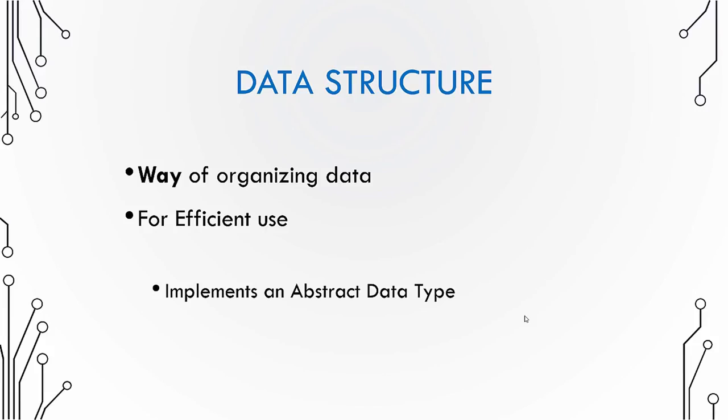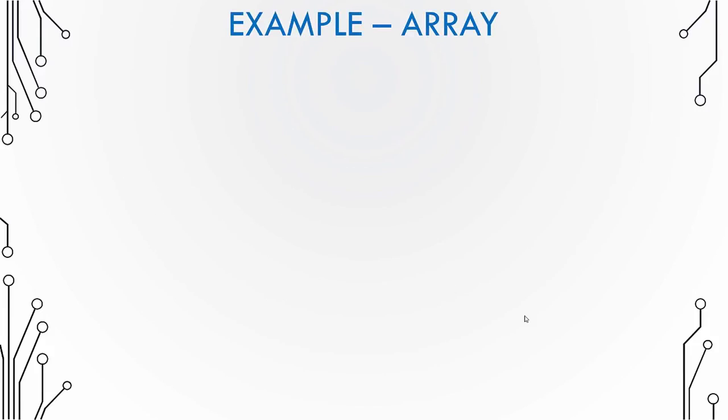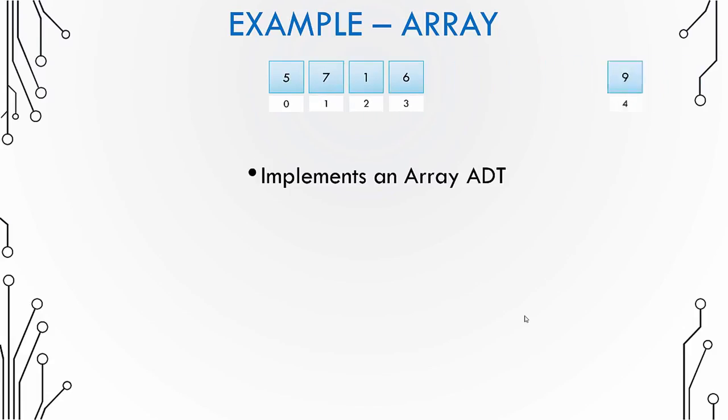Now let us take a look at an example of a data structure, an array. So if you have some programming experience, you already know what an array is. The array data structure actually implements the array abstract data type. Now, an array abstract data type specifies that the array is a collection of objects, and any object can be accessed randomly.